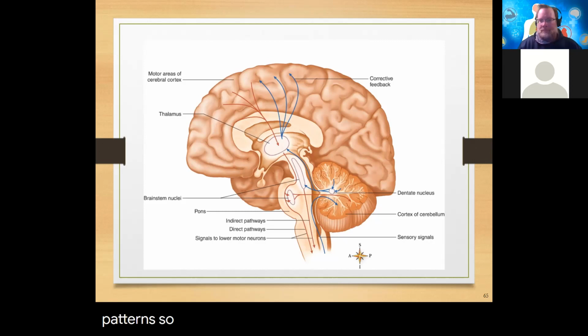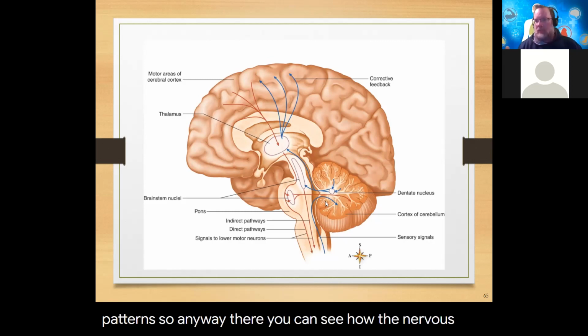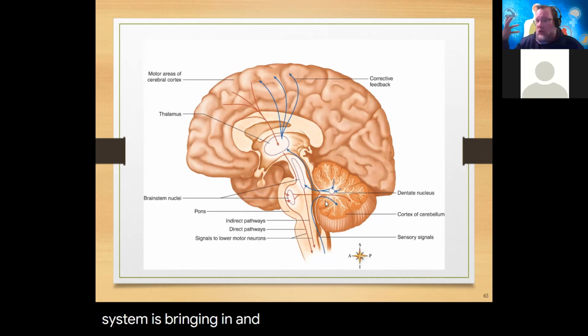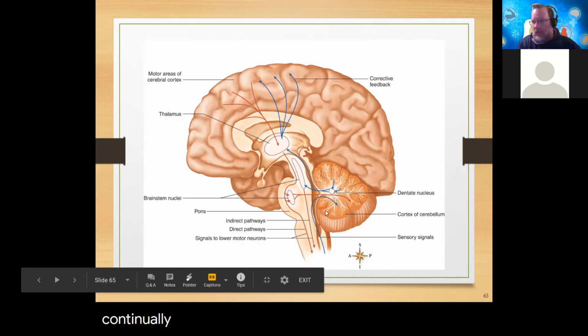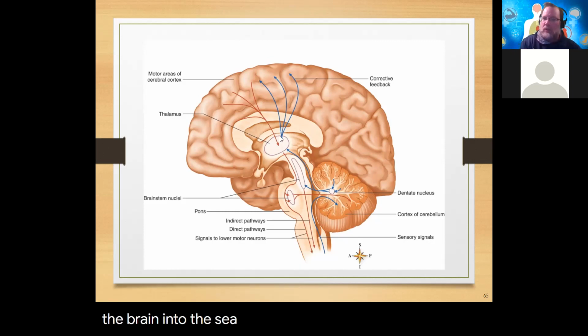So anyway, there you can see how the nervous system is bringing in, and if we do have chronic inflammation somewhere in the body, or maybe everywhere in the body, that sensory information is being brought continually to the spinal cord, and from the spinal cord up to the brain, into the cerebellum, and finally landing itself potentially up into the memory banks. Before it gets there, it's going through that emotional level.